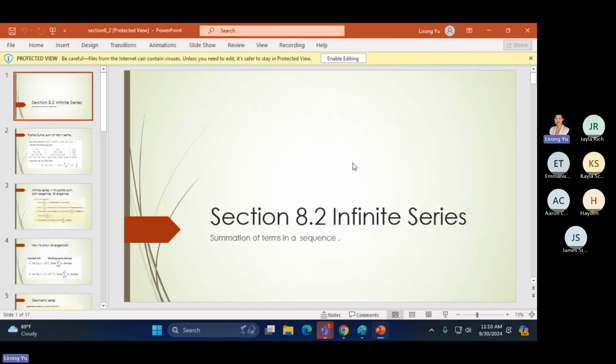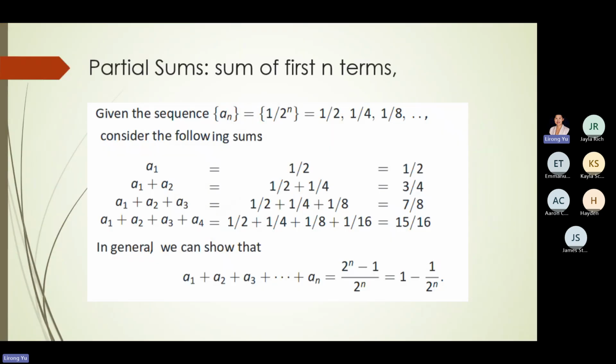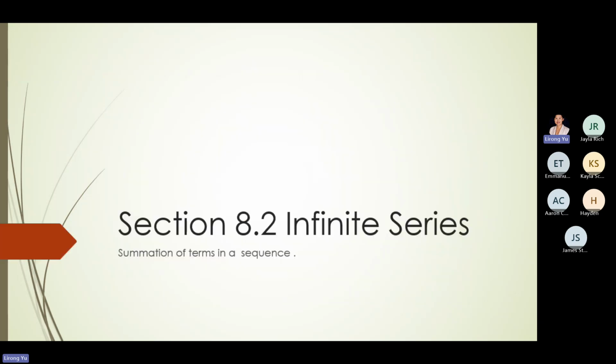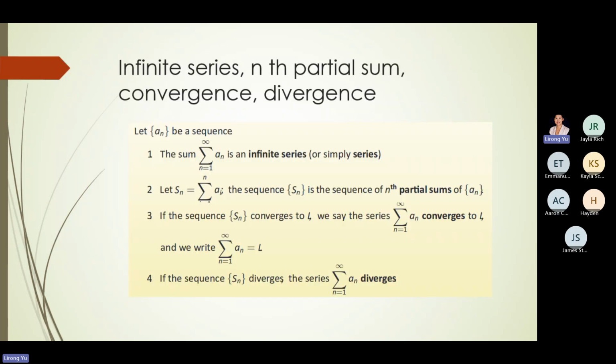For a summation of infinitely many terms, we find a formula for the summation of finitely many terms, then let the number of terms go to infinity and look for that limit. If the limit is finite, the series converges. If we cannot find such a finite number, the series diverges.